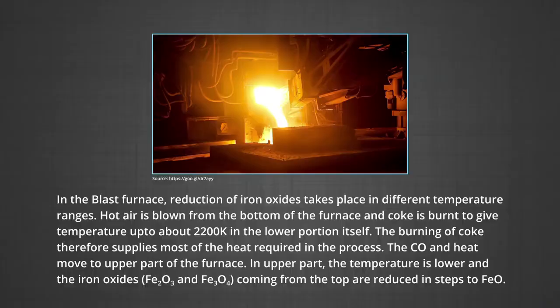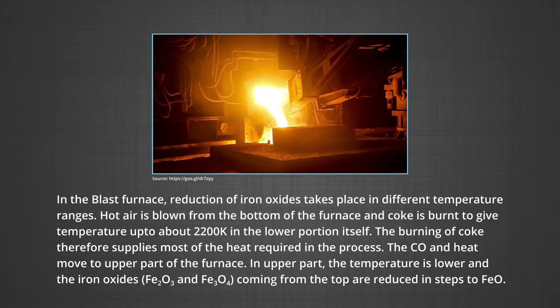In the blast furnace, the reduction of iron oxide takes place in different temperature ranges. Hot air is blown from the bottom of the furnace and the coke is burnt to give temperatures up to 2200 kelvins in the lower portion itself. The burning of coke therefore supplies most of the heat required in the process. The carbon monoxide and heat move to the upper part of the furnace.